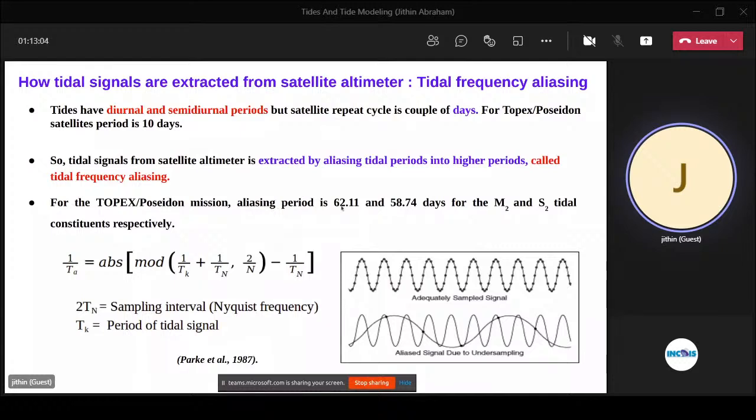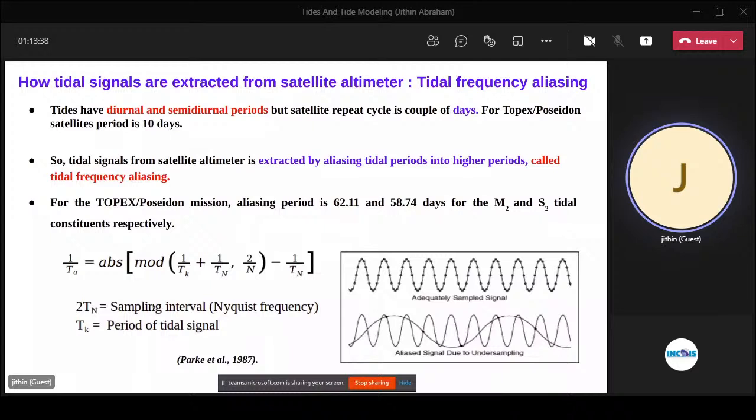So this aliasing frequency is computed with the relationship of the tidal period and the sampling interval of the satellite data. This equation can be used to alias the tidal frequency to any particular period based on the sampling interval.